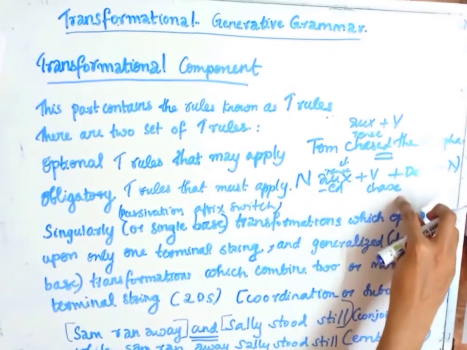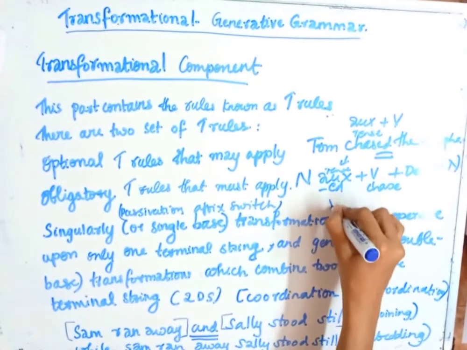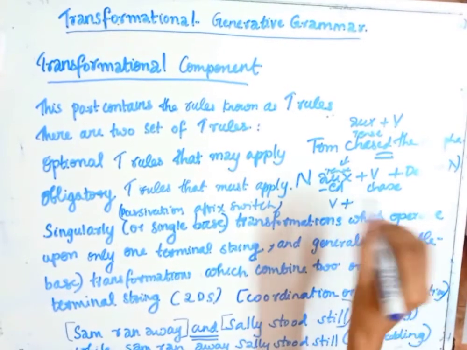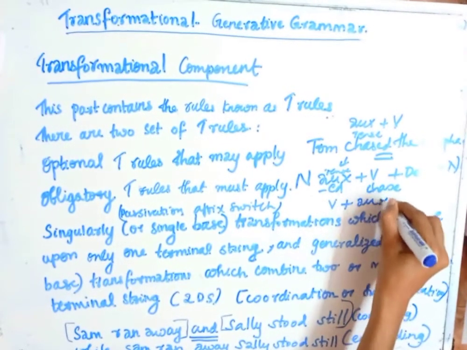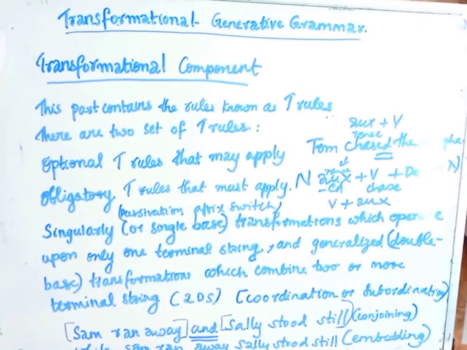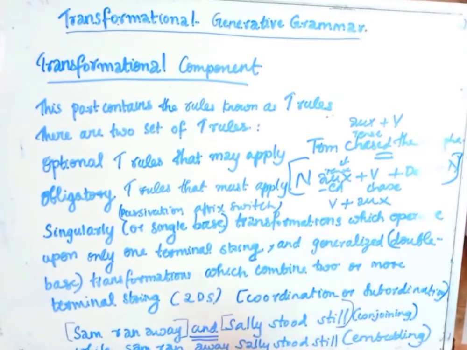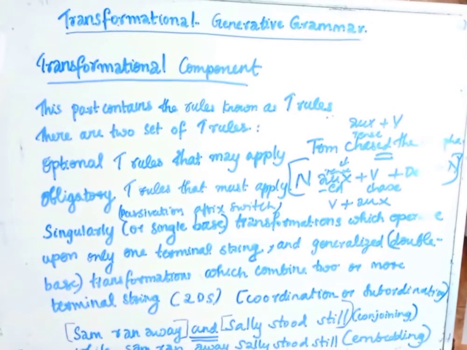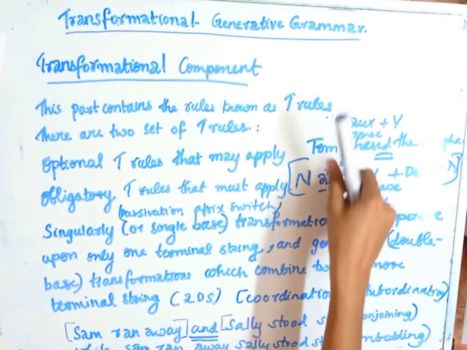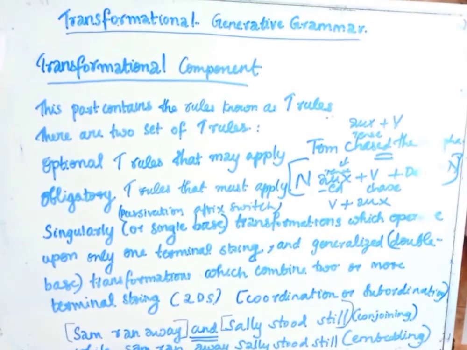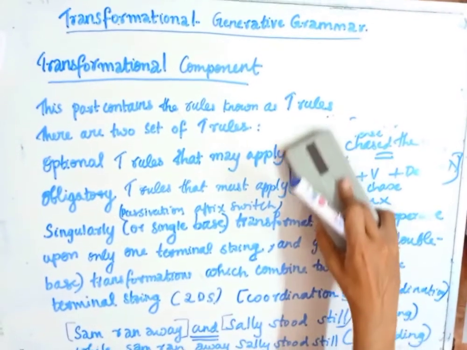It comes after chase. So we do an affix switch and it becomes verb plus auxiliary. That is how we do the affix switch. So that again works on this terminal string. Whatever transformation happens in a singularly transformation works on one terminal string. That is why it is called singularly transformation.